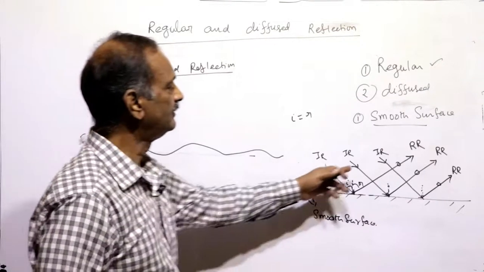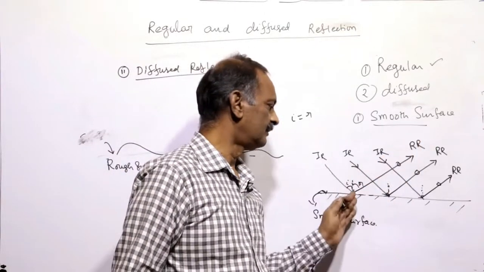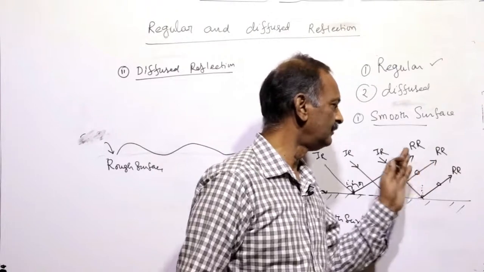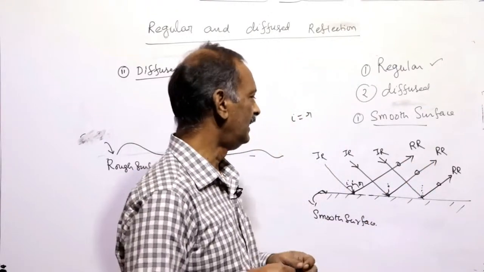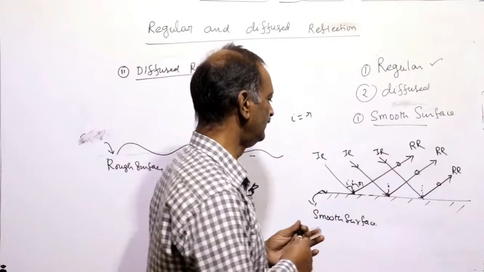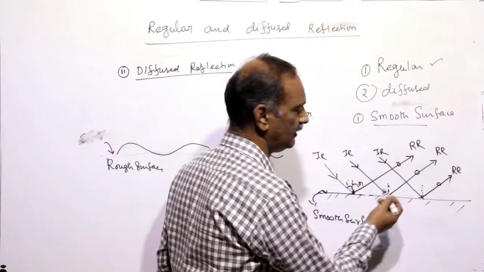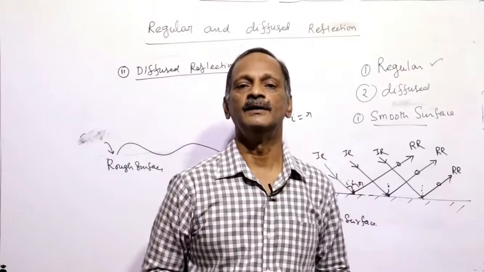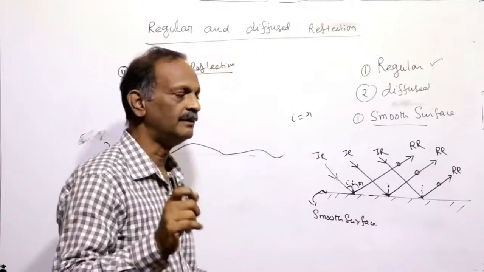In a smooth surface, all the incident rays will be parallel, all the reflected rays will be parallel, and all the normals will also be parallel because of smoothness.